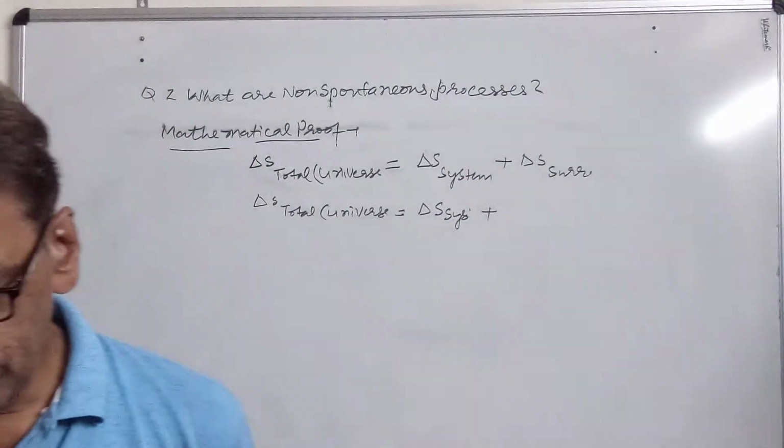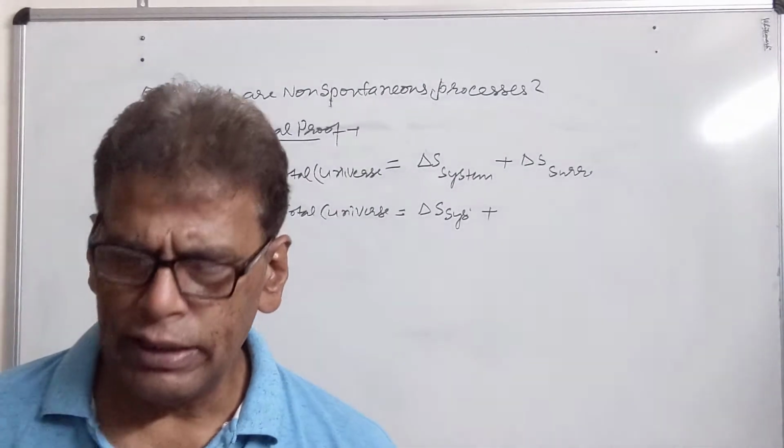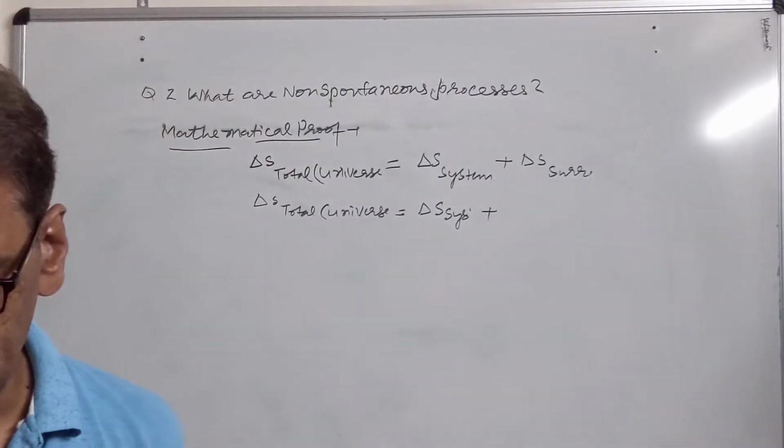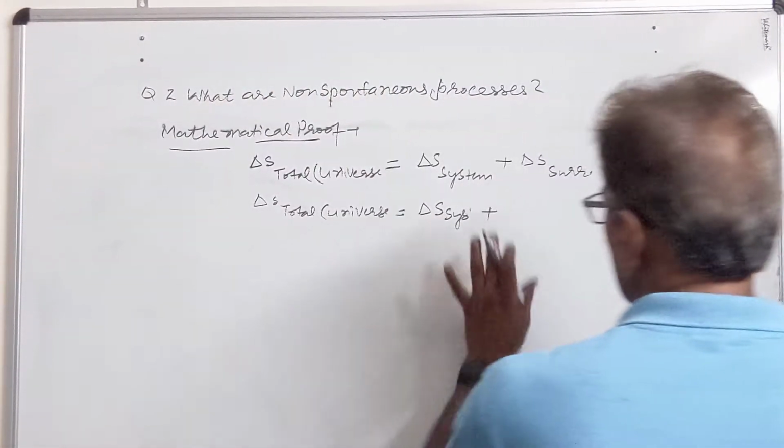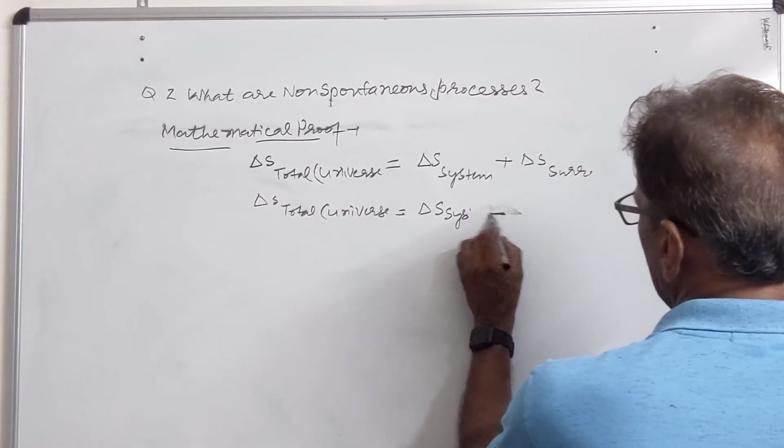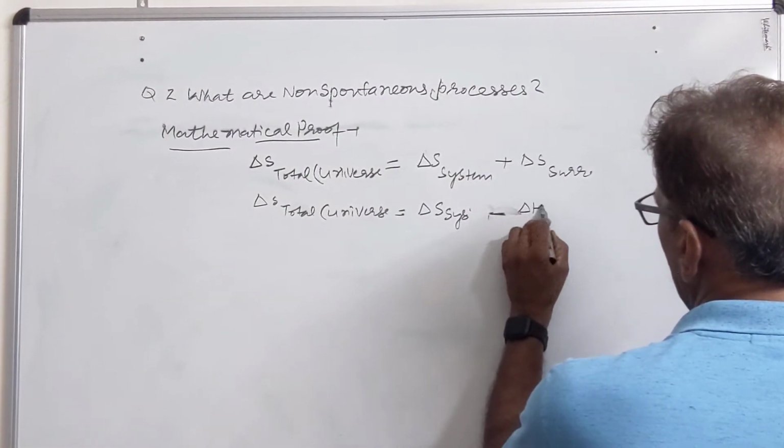In place of delta S surroundings, we can write minus delta H system by T. That is given a minus sign, because the loss of heat by the system will be the gain of heat by the surroundings.